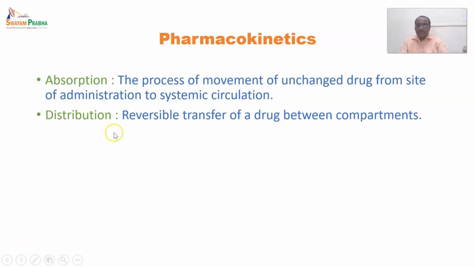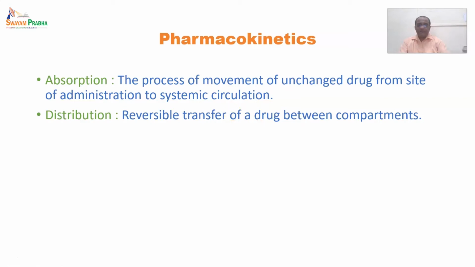Second is distribution. It is a reversible transfer of drug between compartments. In earlier lectures we have already seen how compartments or bilayers are. These bilayers do not allow any type of molecule to enter easily.